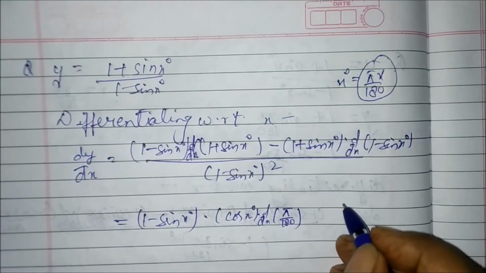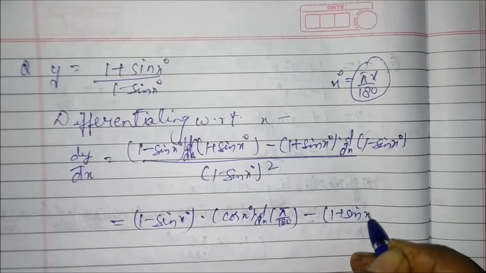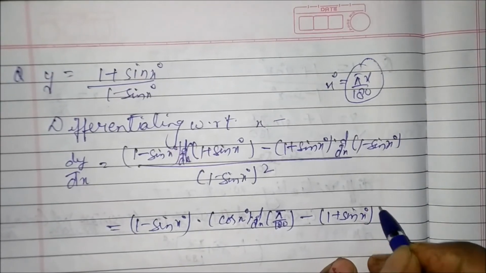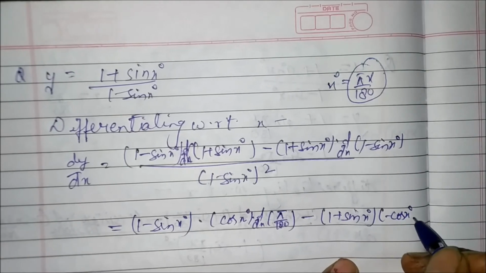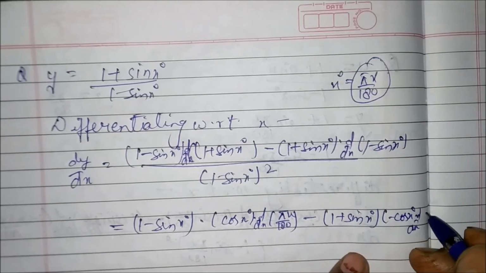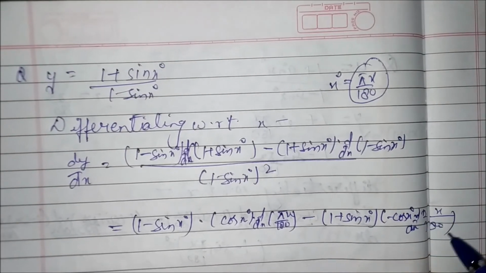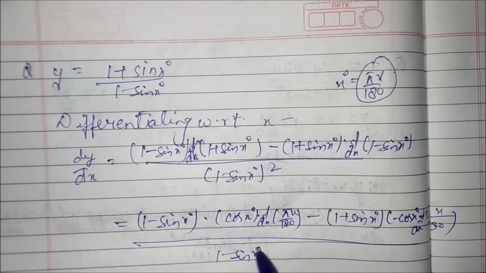Okay, in the same way we do here also. Here the derivative of 1 is 0 and the derivative of minus sin x is minus cos x degree into d by dx of pi x by 180, upon (1 minus sin x degree) whole square.